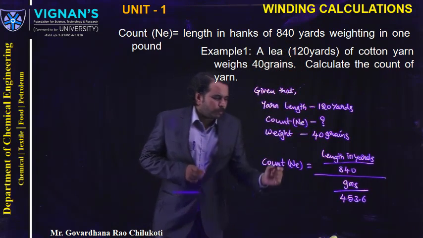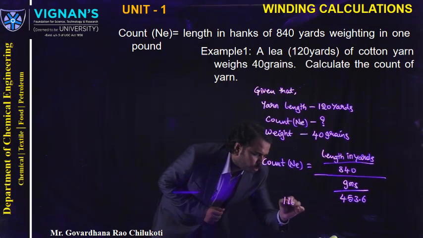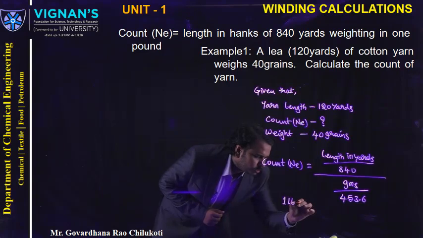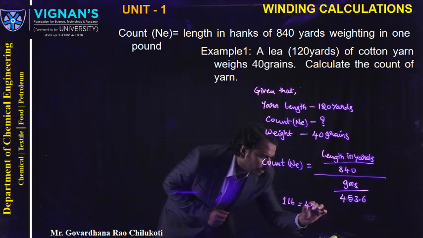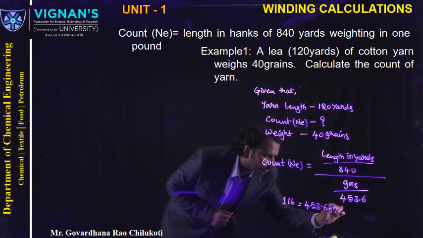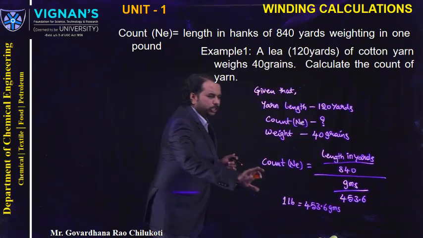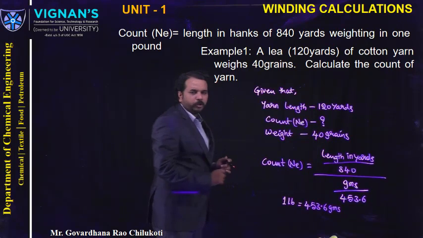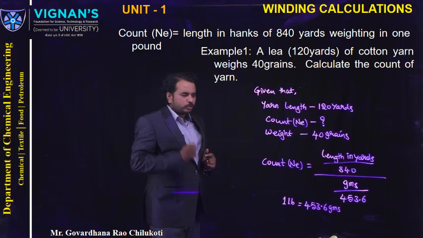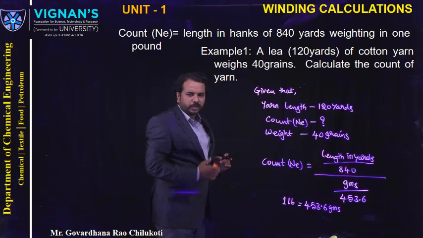So what is 1 pound? 1 pound or 1 lb is equal to 453.6 grams. Clear. Now by using this formula we are going to calculate the count. I am going to simplify this formula.